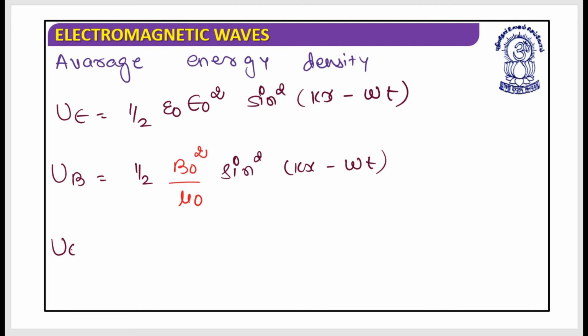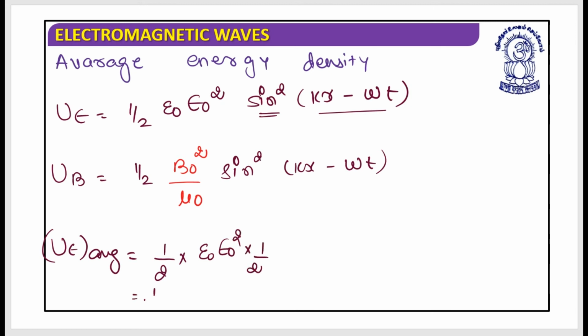If I take an average, we have derived that the average of sine square theta is 1 by 2. So UE average is 1 by 2 multiplied by epsilon naught E naught square into 1 by 2, that is 1 by 4 epsilon naught E naught square.